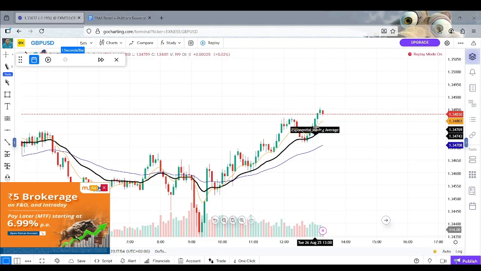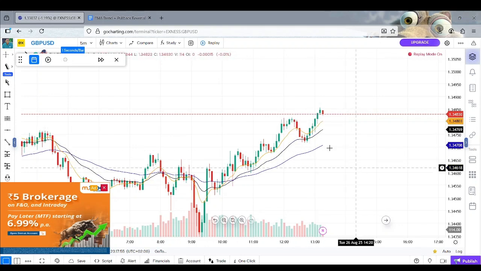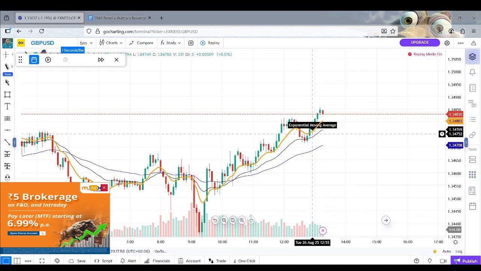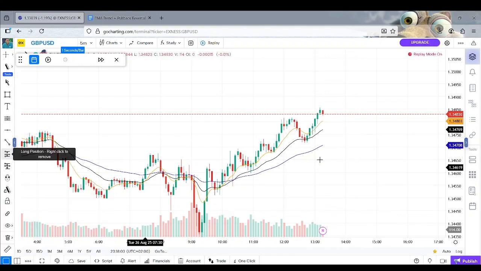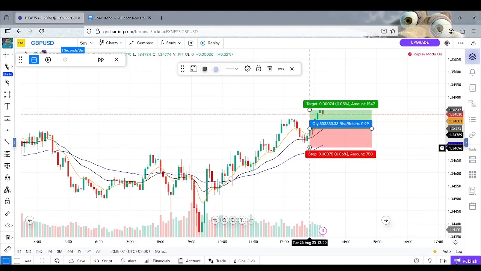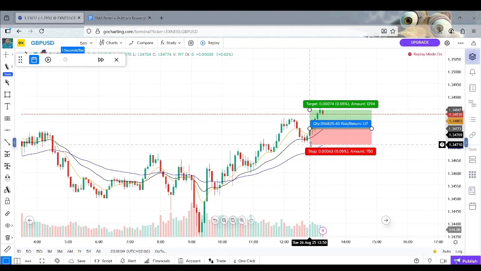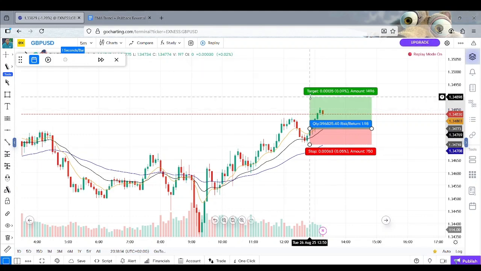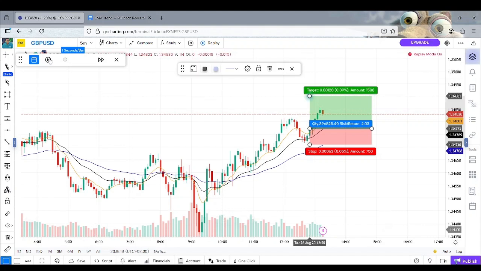Either way, we've just left both these. So even if I bought here, right, stop loss just here, take profit 1 to 2. Am I still?